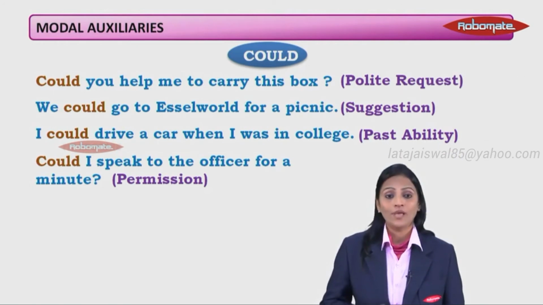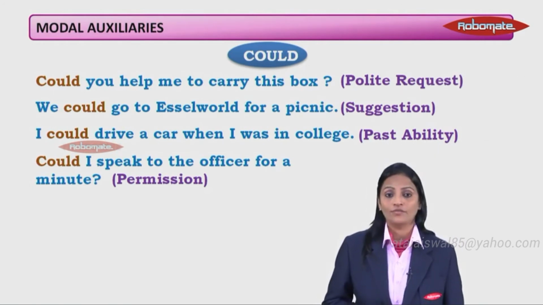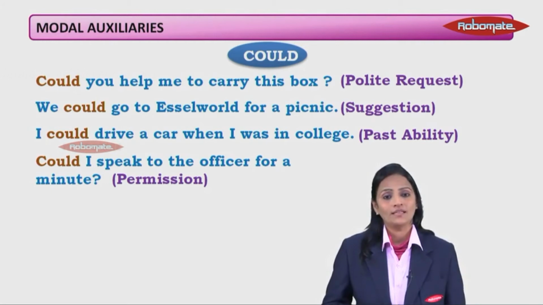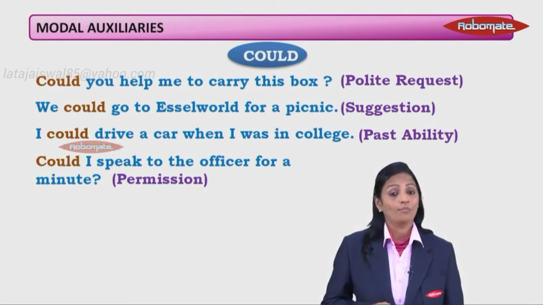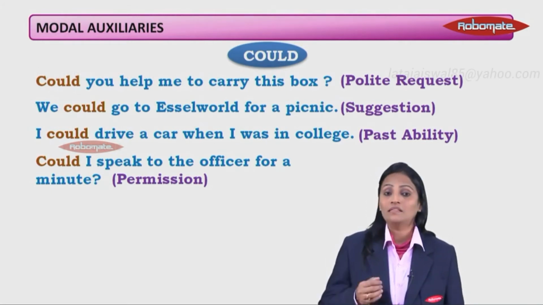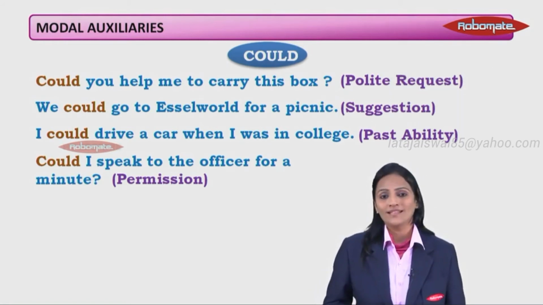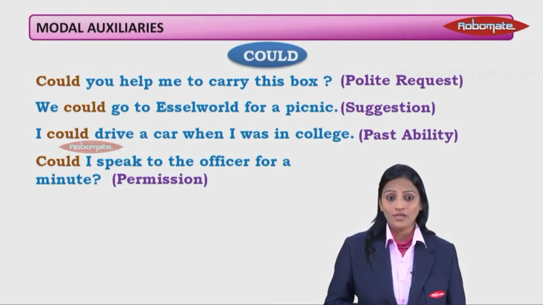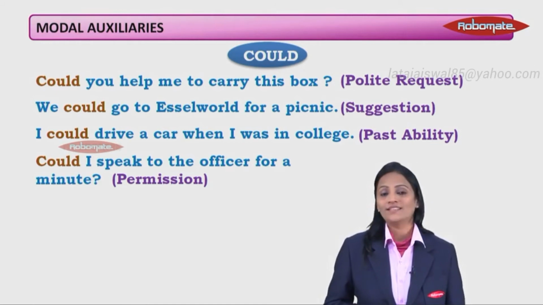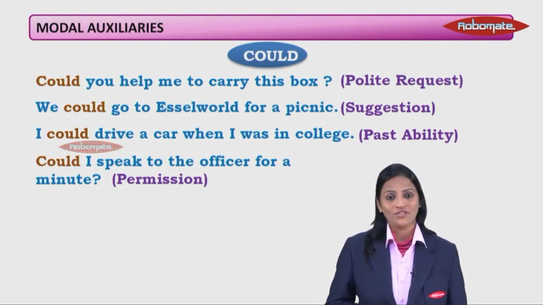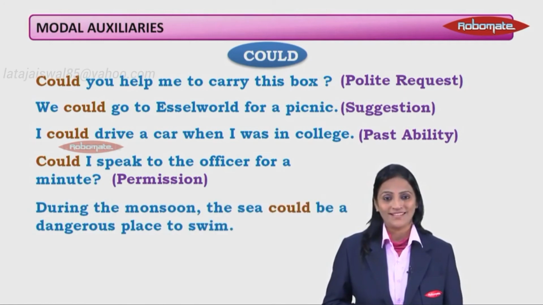So you have to be able to identify the function of the auxiliary by reading the sentence and understanding it. But you must know that these are the possible functions for this auxiliary. So there's a learning here, students. You have to learn the list of the modal auxiliaries as well as the functions of different modal auxiliaries.